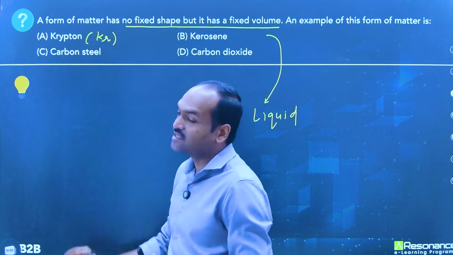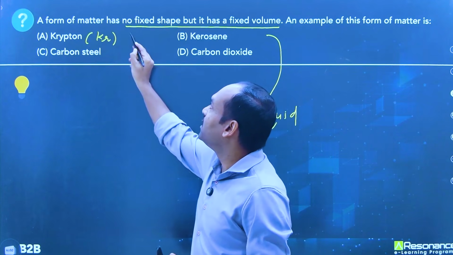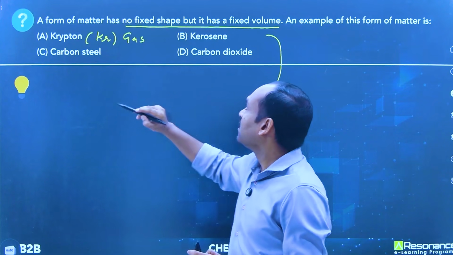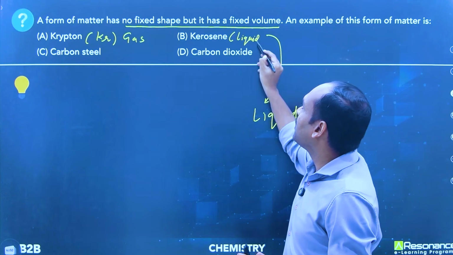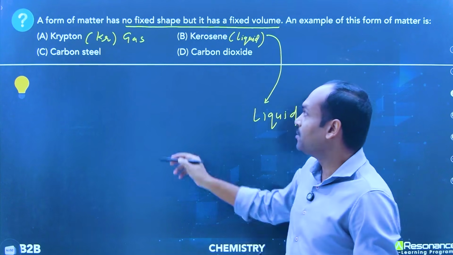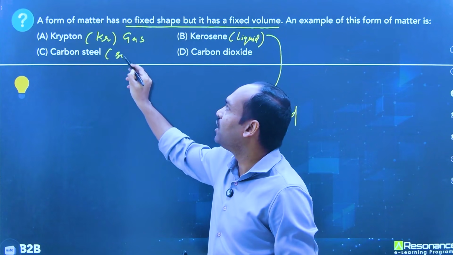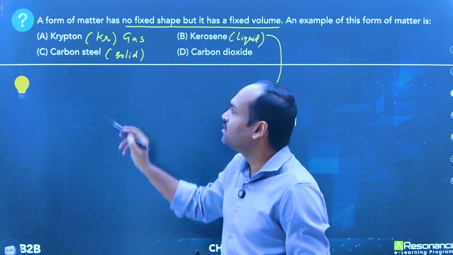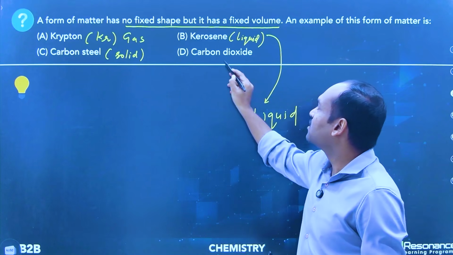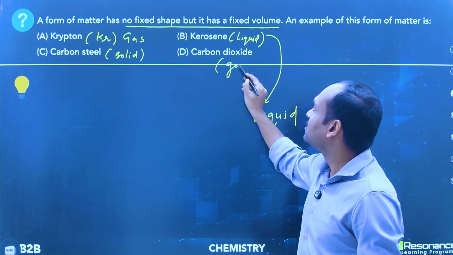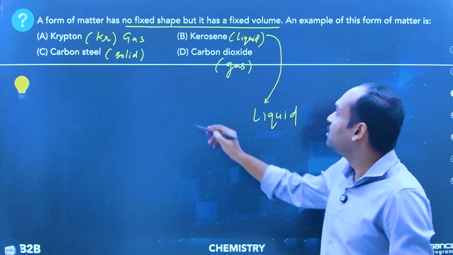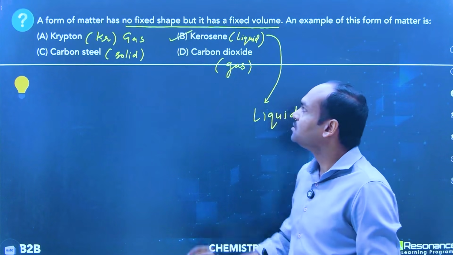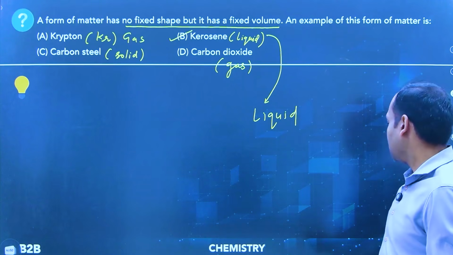It is a noble gas. Okay, krypton is a gas. Kerosene, a petroleum product, a hydrocarbon, which is a liquid. Carbon steel, it's the alloy of iron and carbon, solid. Carbon dioxide, gas. So we will go for B option. Okay. Next.